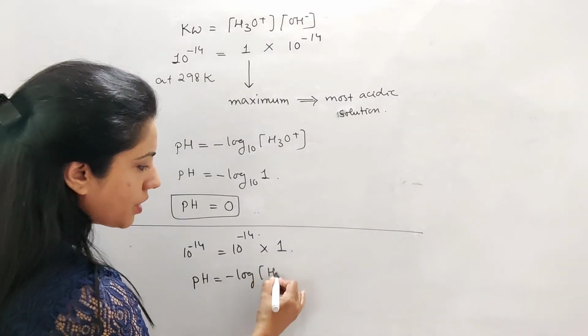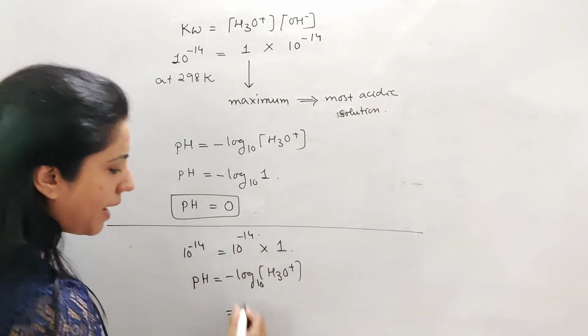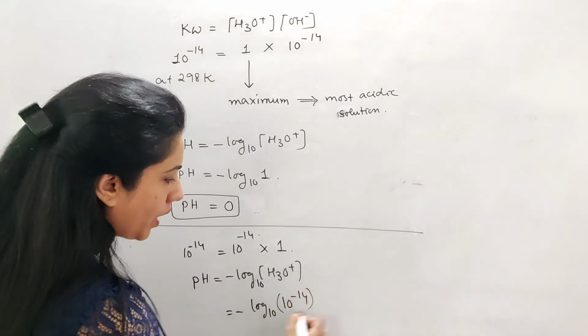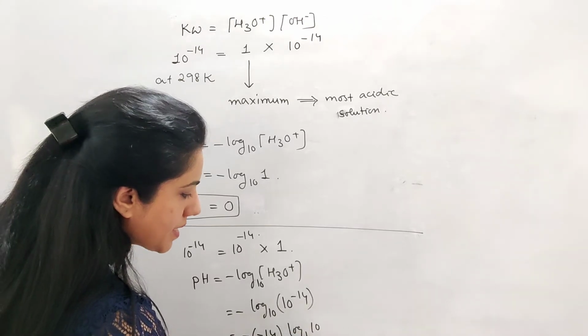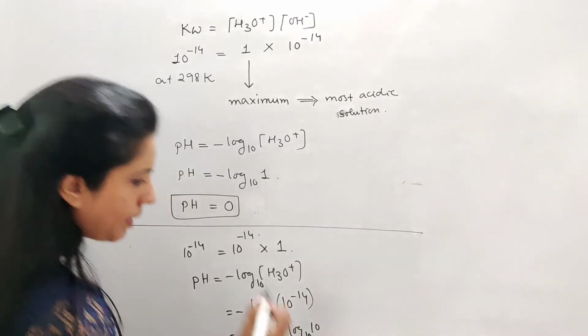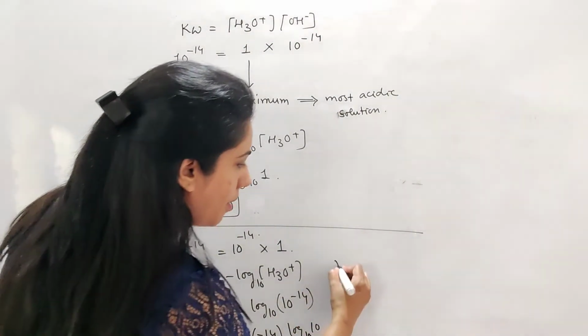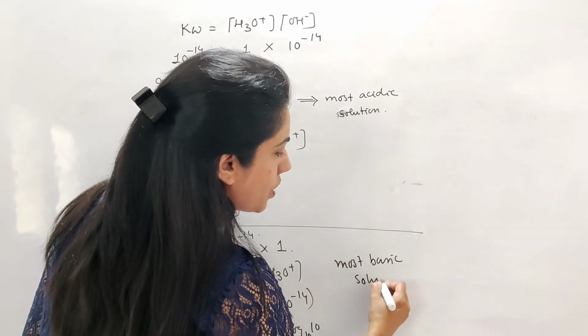Minus log of H3O plus concentration, and now the H3O plus concentration is 10 raised to power minus 14. So minus log of 10 raised to power minus 14. So here it comes minus of minus 14 log 10 to the base 10 and therefore it is coming 14. So this is the most basic solution.